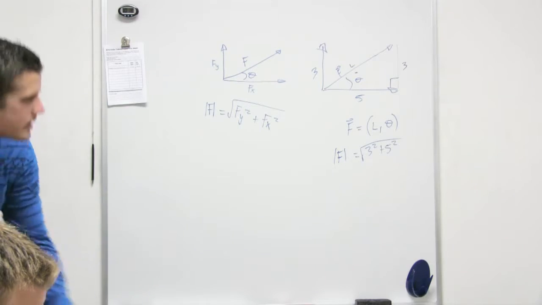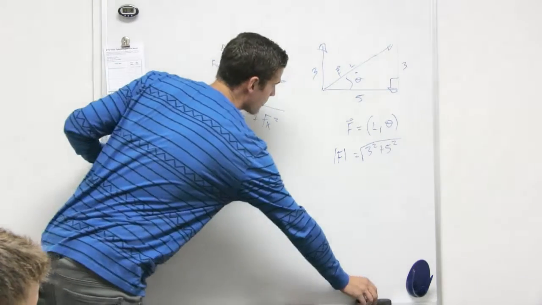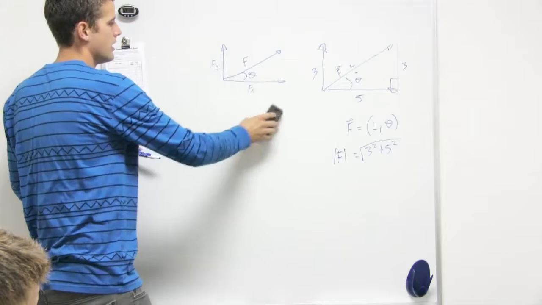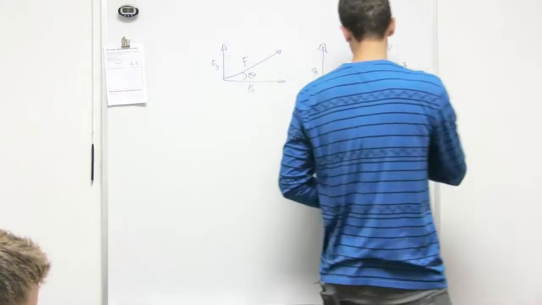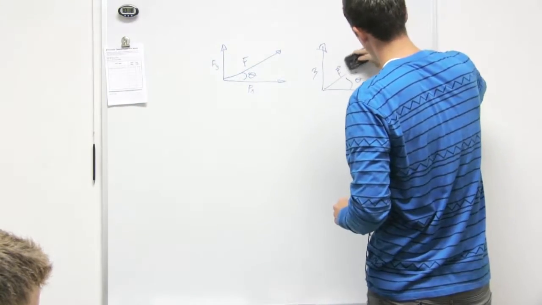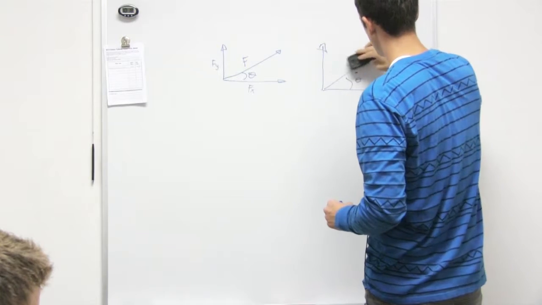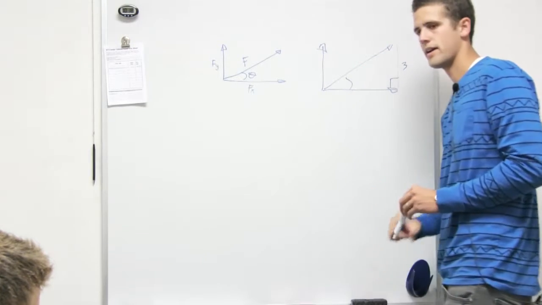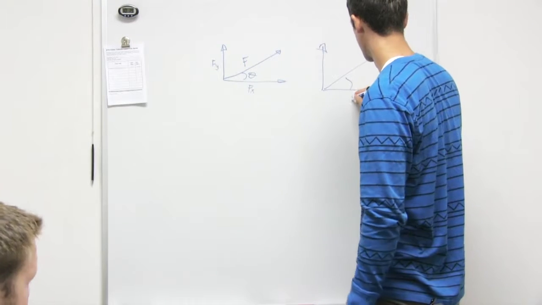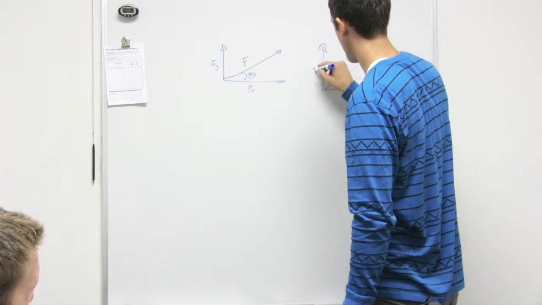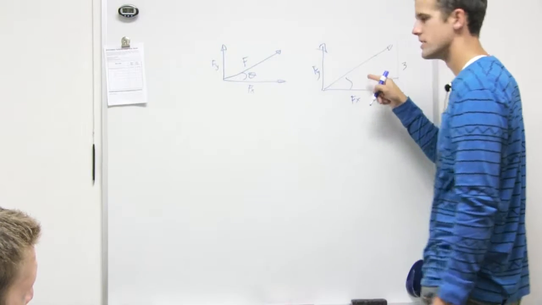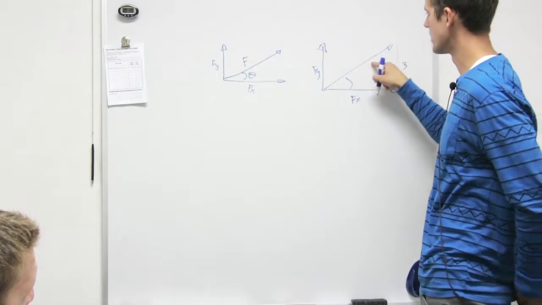Oh, hang on. Sorry, this is asking you to go the other way. I misunderstood that. So we don't know Fx or Fy. Sorry about that. It's saying express Fx and Fy in terms of these two. So we know the length of this.